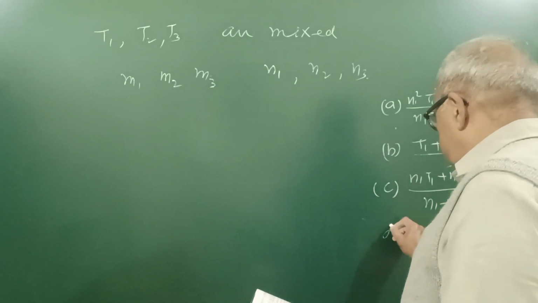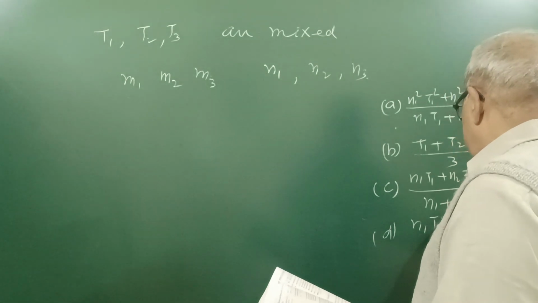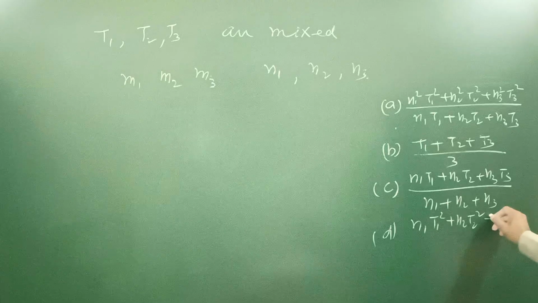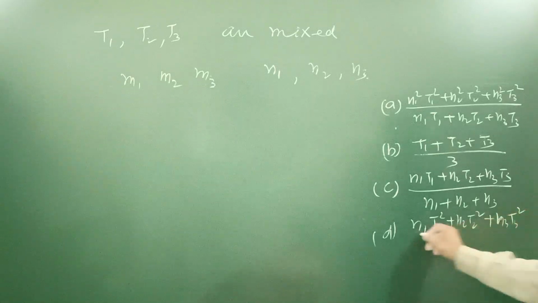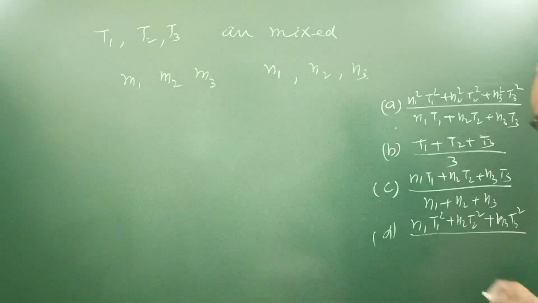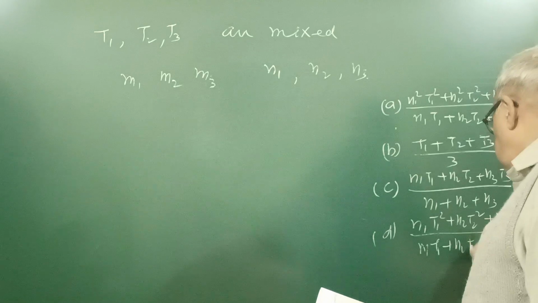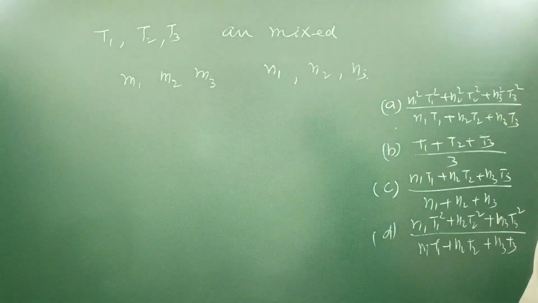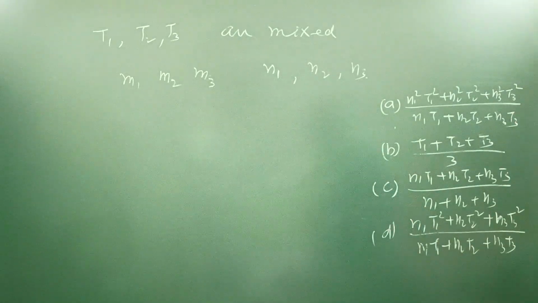And D, N1 T1 square plus N2 T2 square plus N3 T3 square upon N1 T1 plus N2 T2 plus N3 T3. After seeing so many options, you get confused.